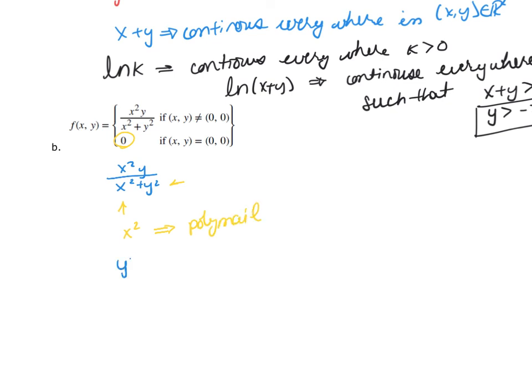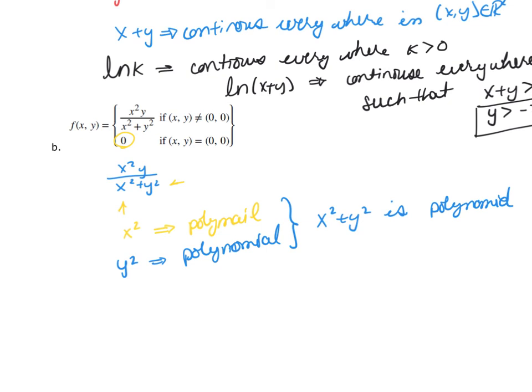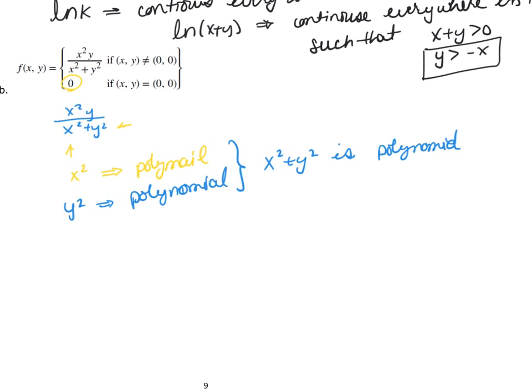My y squared is a polynomial. These two combined, x squared plus y squared, is a polynomial, and x squared plus y squared is continuous everywhere in R2. There's no problems there.